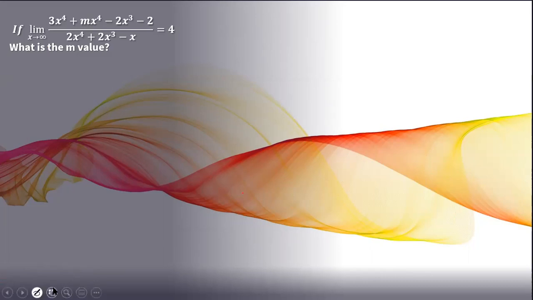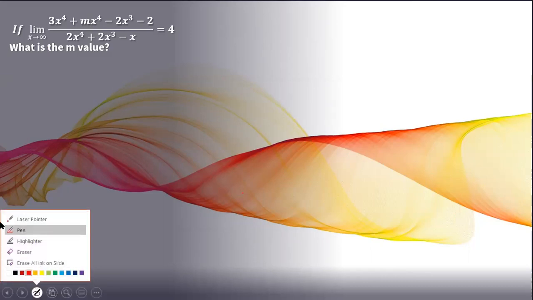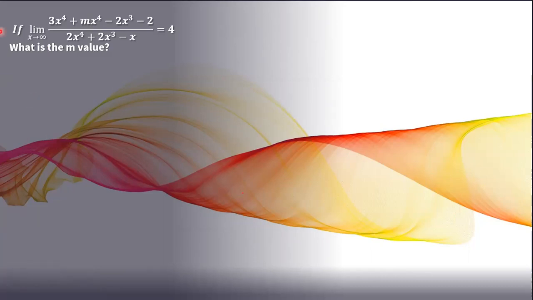Next question. We are given the limit as x approaches infinity of (3x power 4 plus mx power 4 minus 2x power 3 minus 2) over (2x power 4 plus 2x power 3 minus x) equals 4. What is the value of m?